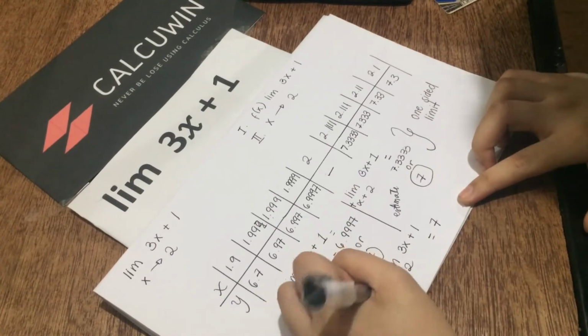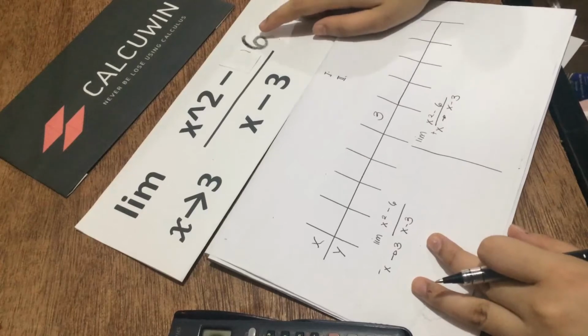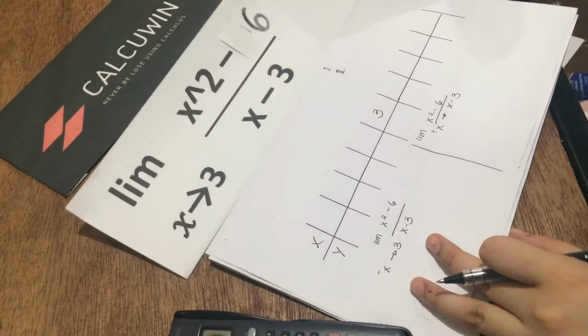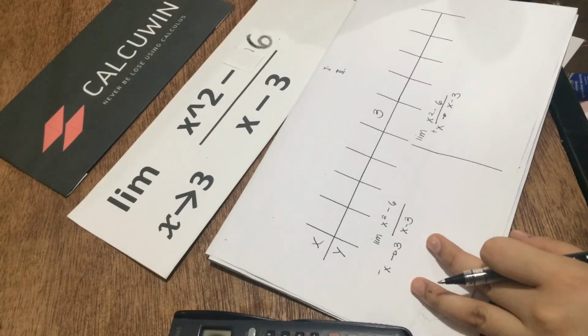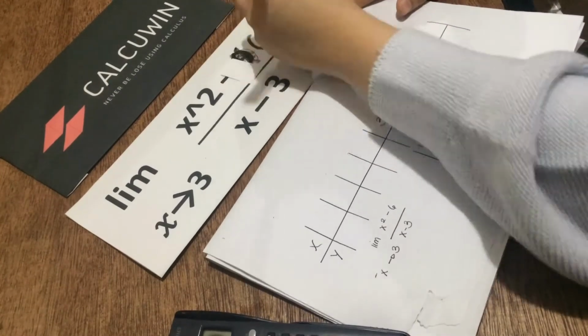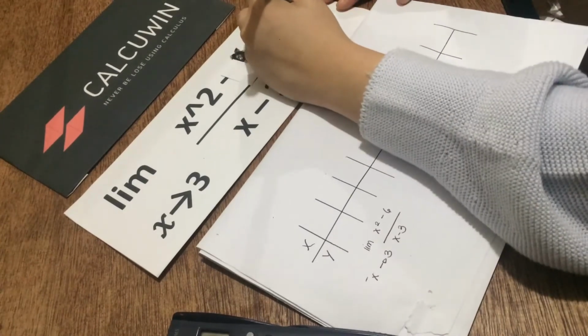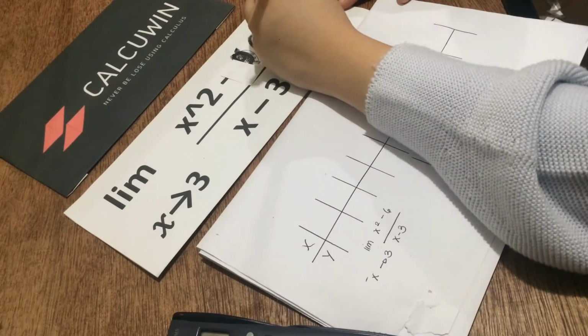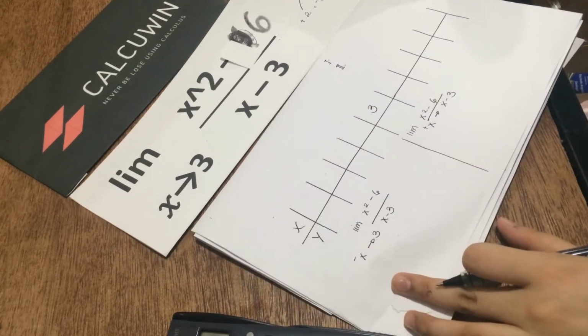In this example, you can notice that when you direct substitute the x, it will get a zero or undefined solution. So you need to factor out the polynomial. 2 and 3 are the factors of 6.